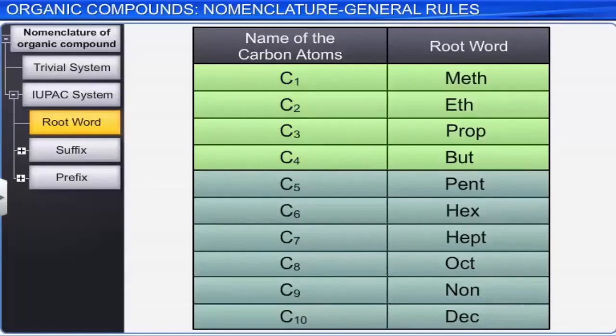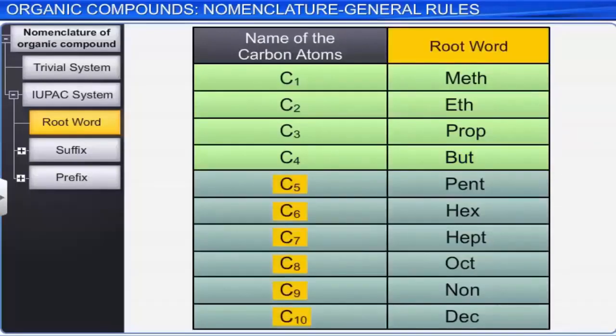Thus, the word root for 1 carbon atom is meth, 2 carbon atoms is eth, 3 carbon atoms is prop, and 4 carbon atoms is but. A chain that consists of more than 4 carbon atoms is assigned a root word derived from the names of Greek numerals.